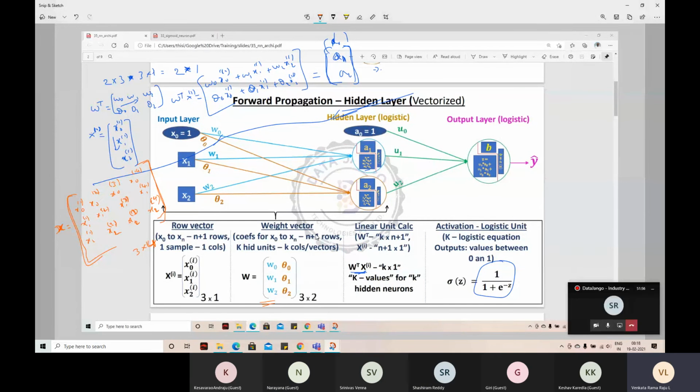The W matrix will not change, because for this node you are taking one record, taking the W's, multiplying, and calculating the linear combination. For the second record also, you are doing the same thing. Same W's, same thetas.